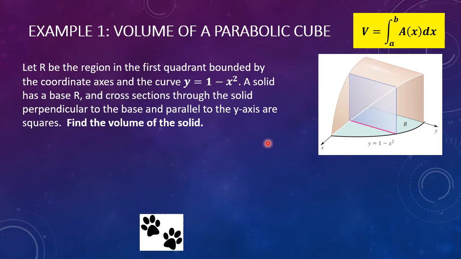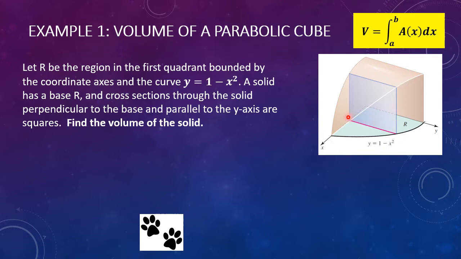Okay, so the area of the slice is what we're looking for. Here it's quite easy because the slice is a square. The area of a square is length times width, but since they're the same, it's basically the side squared.